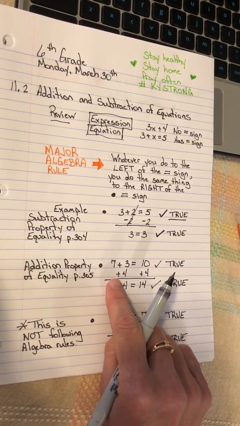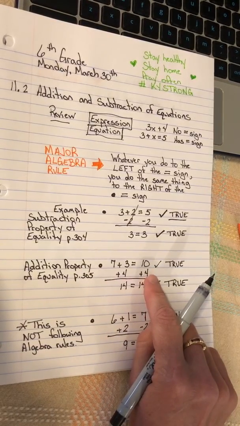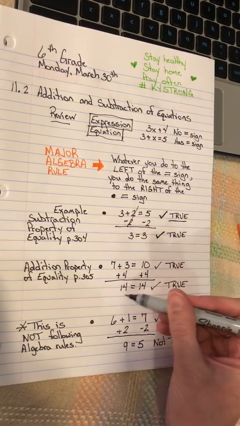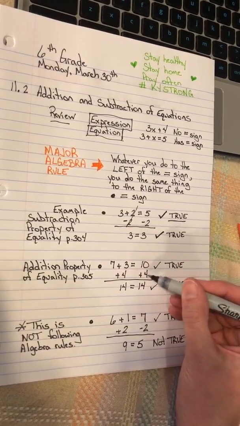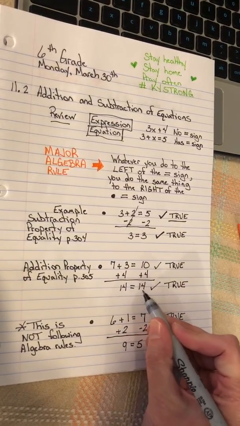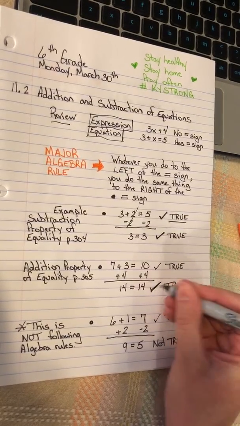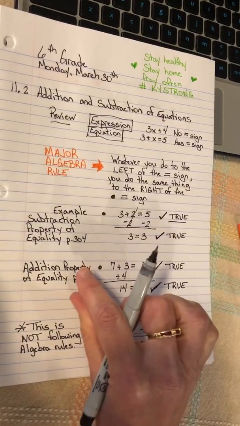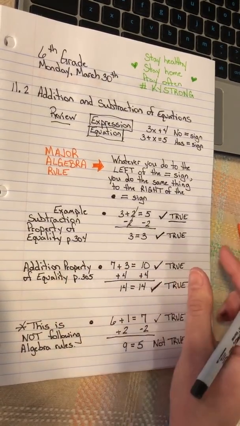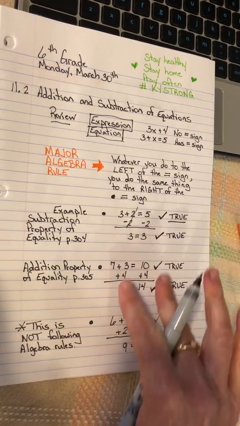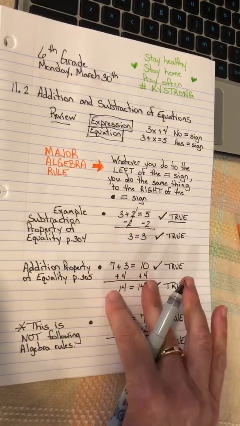If I add 4 to the left side of the equal sign and add 4 to the right side, 7 plus 3 plus 4 equals 14. 10 plus 4 also equals 14. 14 does equal 14, so yes, that is true. So we've just proven that whatever you do to one side of the equal sign, if you do the same thing to the other side, your equations will remain true.